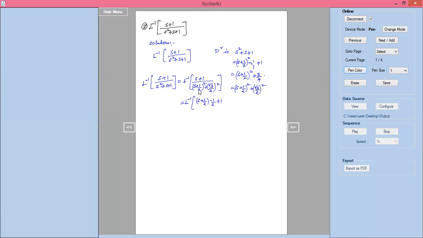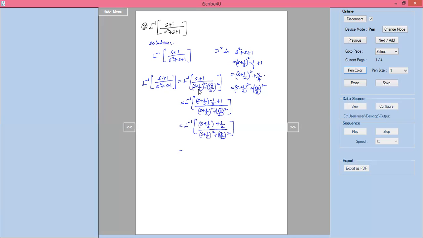Because the numerator should be in the form of s plus 1 by 2 divided by s plus 1 by 2 whole square plus root 3 by 2 whole square. Now s plus 1 by 2 minus 1 by 2 plus 1 gives s plus 1 by 2, plus 1 by 2, divided by s plus 1 by 2 whole square plus root 3 by 2 whole square.